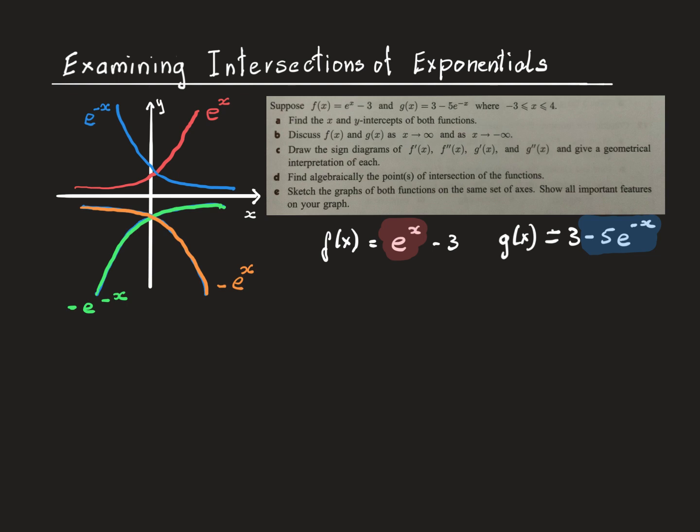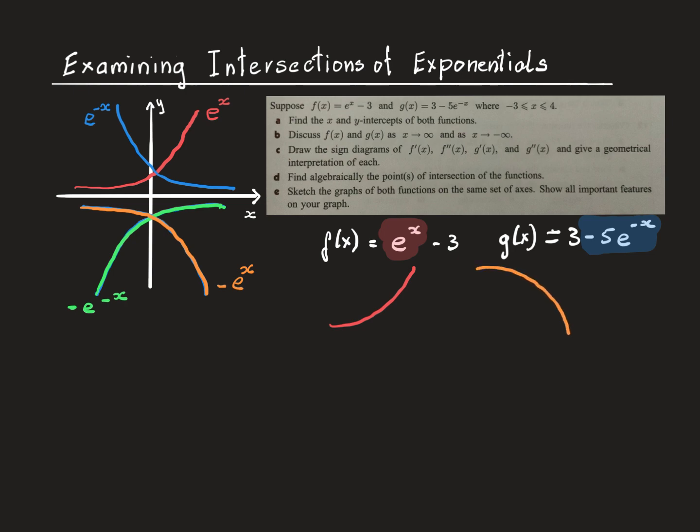So we're dealing with two types of functions here. One is going to be following the red line, and the other one is going to be following the yellow curve.